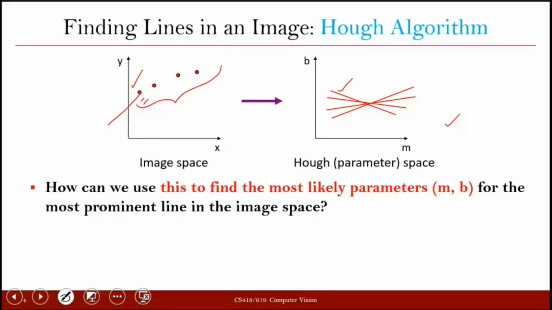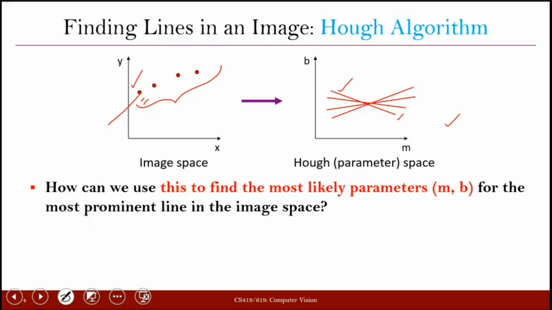So if, corresponding to this particular point, we say that this is the line, then all the values of m and b that fall on this line are the possible parameter values for which, if we make a line, that line will pass through this particular point.